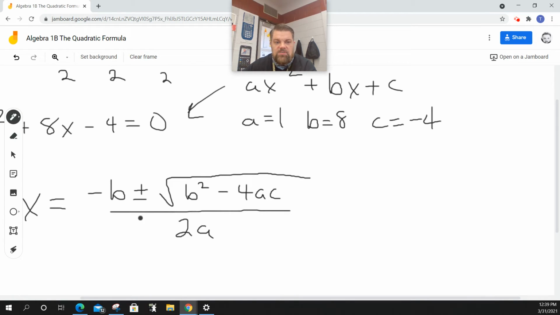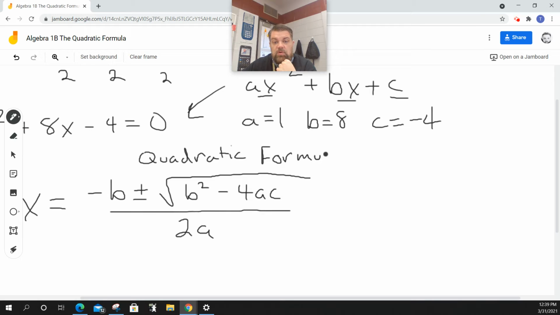And there's going to be 2 answers because we got this plus or minus. Basically, if you take this equation and you complete the square and you solve for x, you'll get the quadratic formula. It will work on any quadratic and it'll give you a solution, whether it's real or complex.